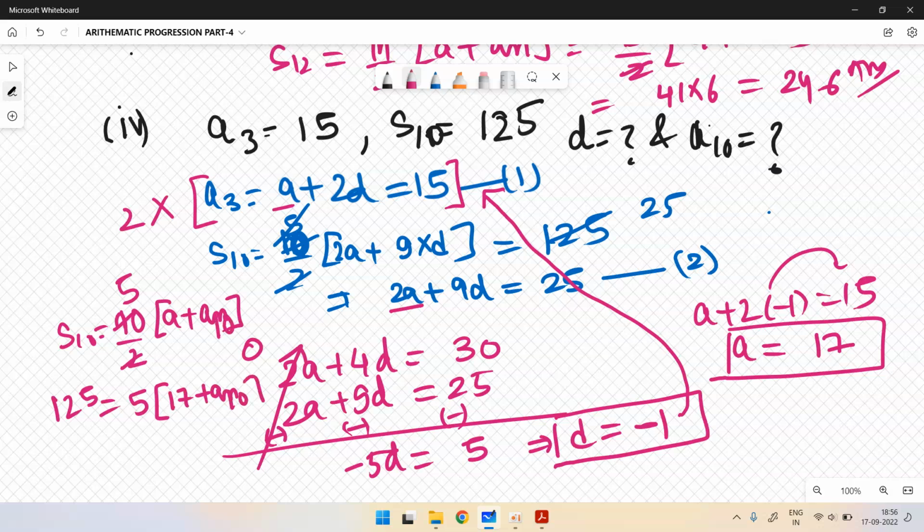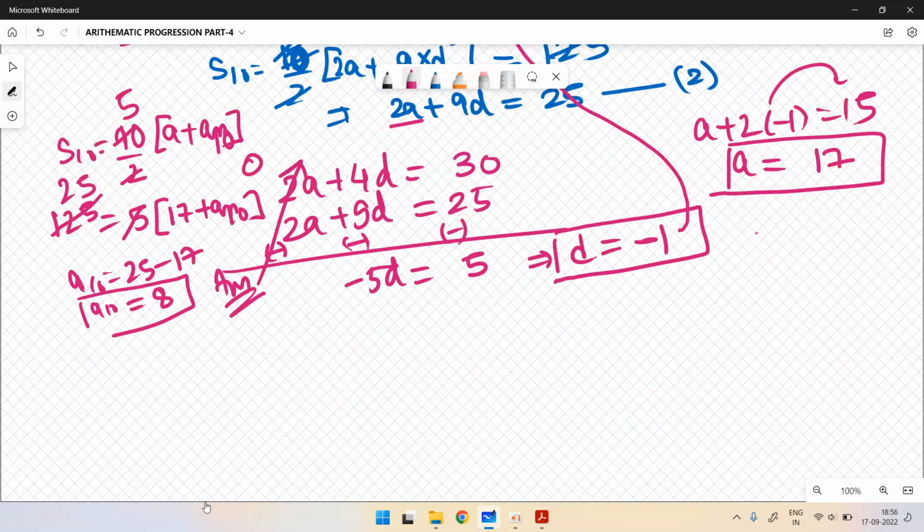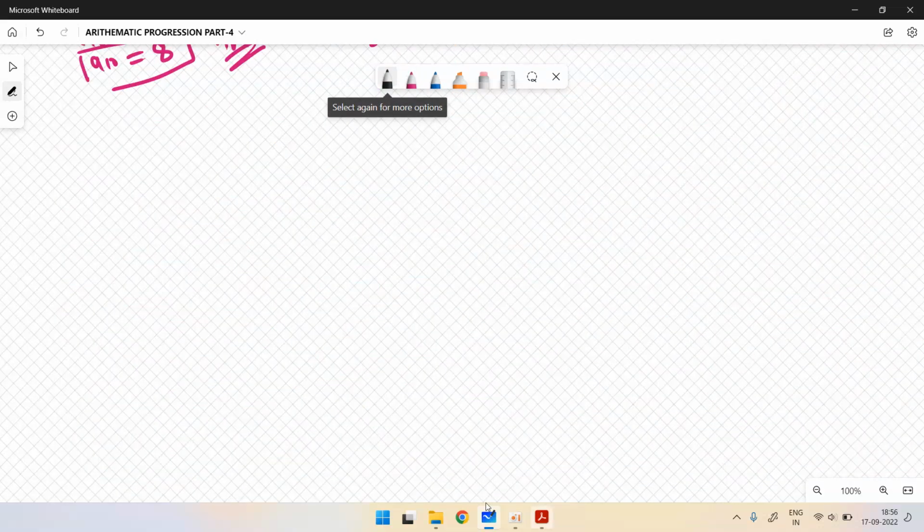A10 you need to calculate. This is 5 into 10, 25, which implies that A10 equals 25 minus 17, which is 8. A10 is 8, which is the answer. So then directly using this you can calculate.